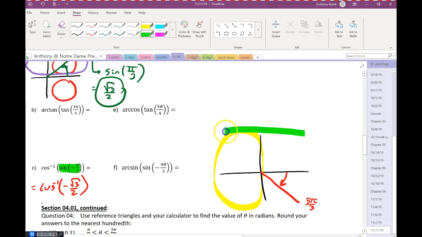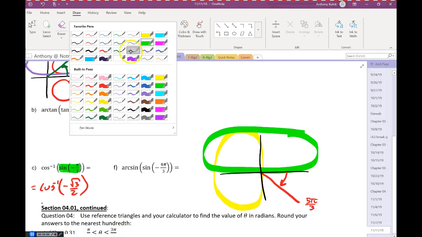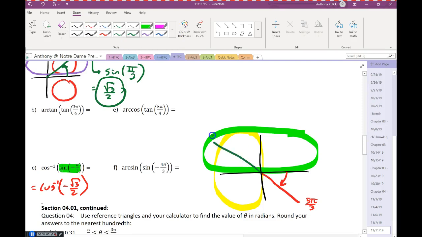And the fundamental range for cosine inverse is in the first and second quadrants. So the answer I'm looking for is over here in quadrant 3, or in quadrant 2, excuse me. So I'm going to go to my unit circle and look for the place in quadrant 2 where the x-coordinate is negative square root 3 over 2. And that's 5 pi over 6.